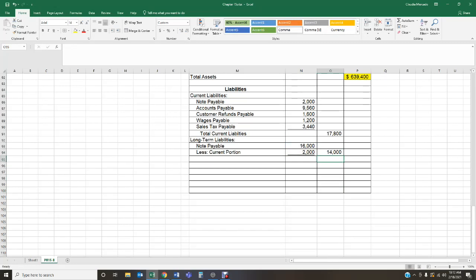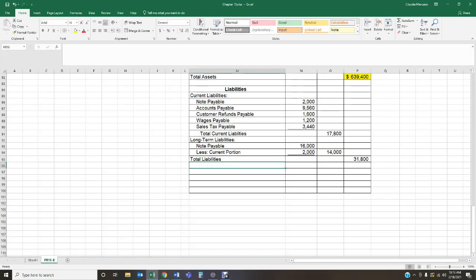Okay. And now I can calculate my total liabilities. Your total current liabilities of 17,800 plus our total long-term liabilities, which is 14,000. That gives me total liabilities of 31,800. Okay.